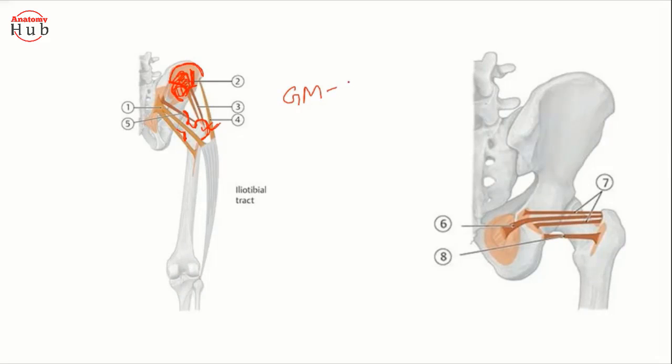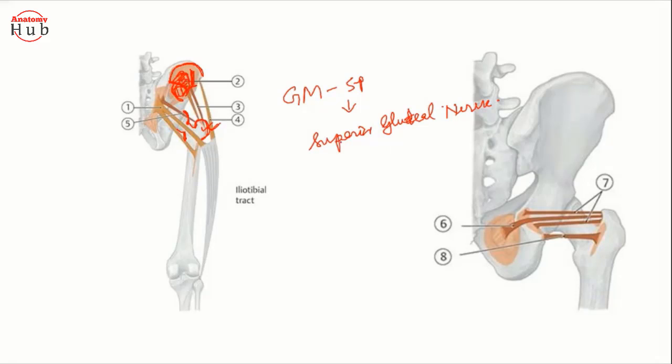And this gluteus medius muscle also has innervation from the sacral plexus, in the form of the superior gluteal nerve. The gluteus maximus is the inferior gluteal nerve, but the gluteus medius and the gluteus minimus also take nerve supply from the superior gluteal nerve.